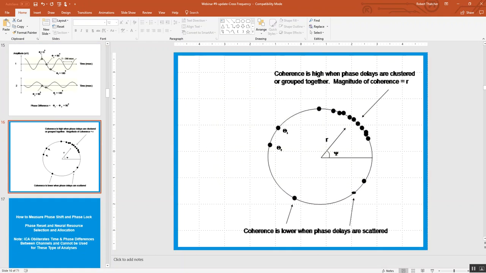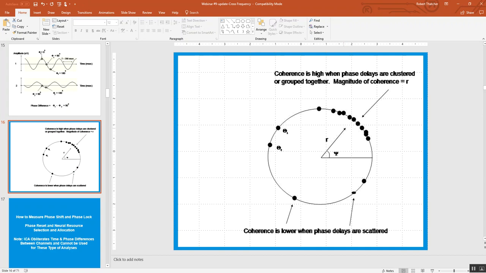Now, coherence is a measure of the consistency of the phase differences. And everything's represented on a circle when you actually work with frequency and time domain relationships. In this case, the black dots are the phase differences. They're clustered, for example, right around this phase difference, which is about 60 degrees.